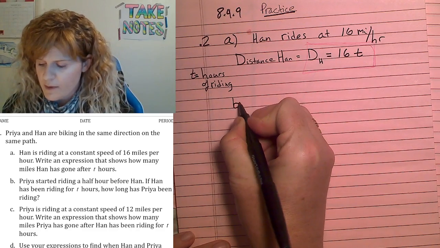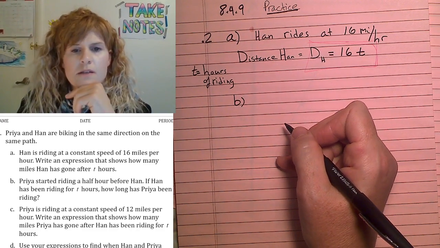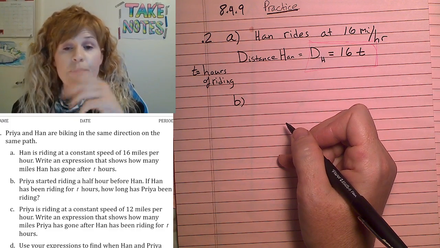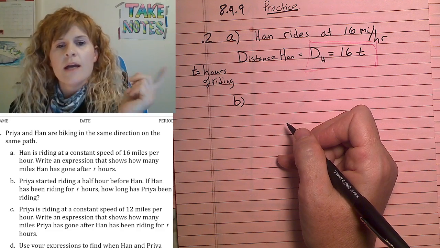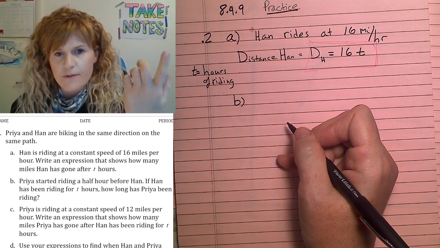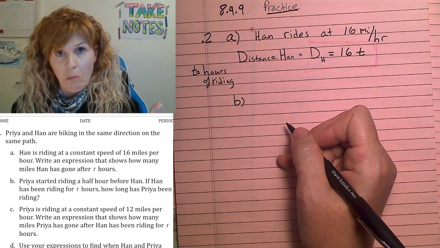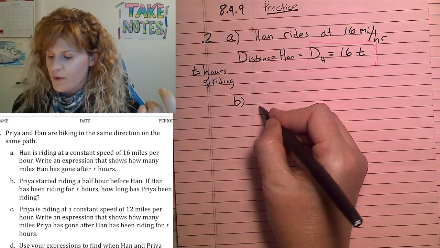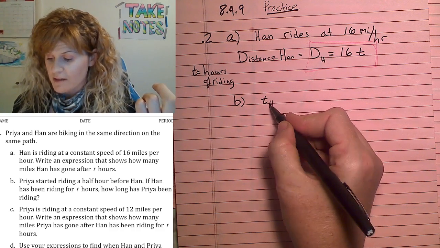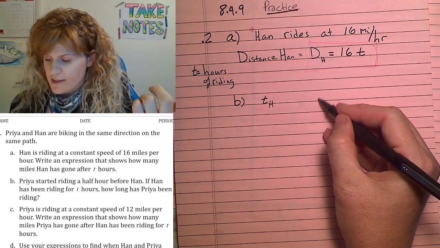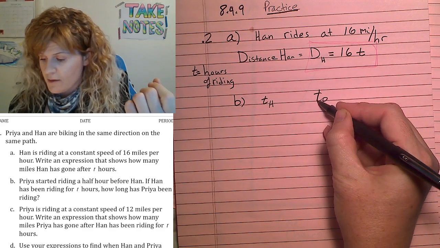B. Let's keep going. B. It says, Priya started riding a half hour before Han. Priya wakes up early. If Han has been riding for T hours, how long has Priya been riding? Oh, okay. Well, so T is for Han then? Is that T Han? Then Priya's time, I'll call that T of Priya.